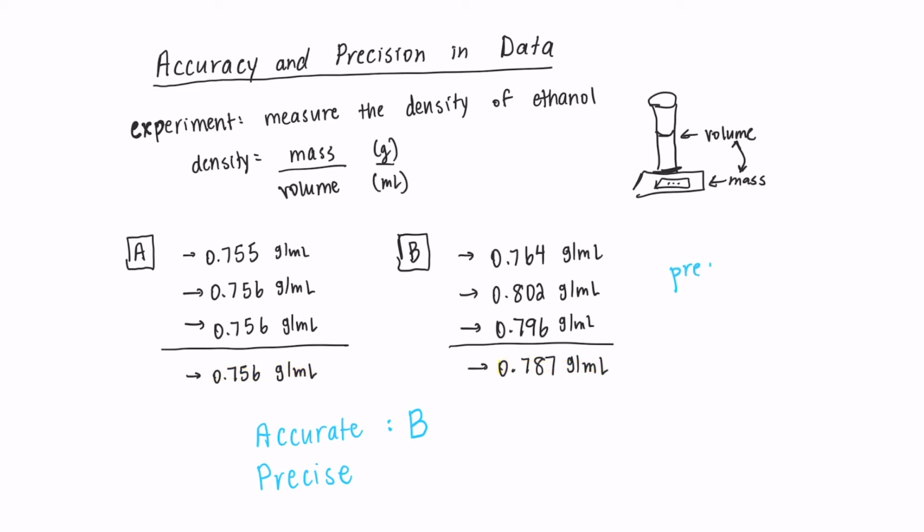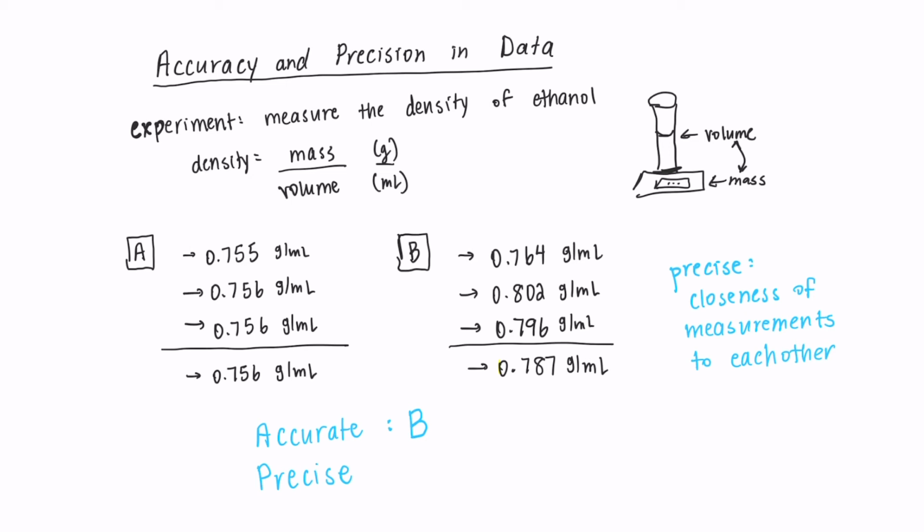Now let's look at precision, which is the closeness of measurements to each other. Now there are formulas and calculations we can do to tell us exactly how far away our measurements are from each other, but for now we're just going to do a general approximation.